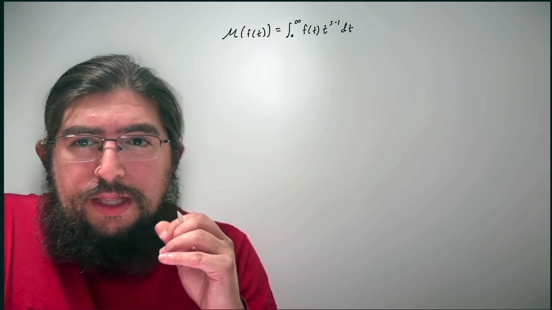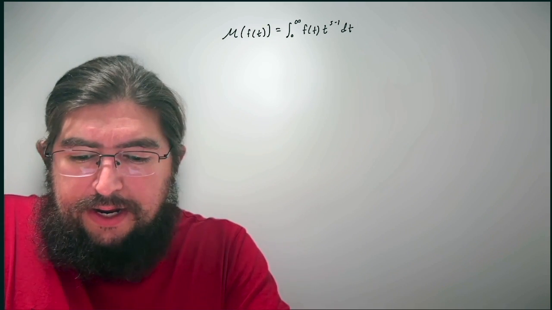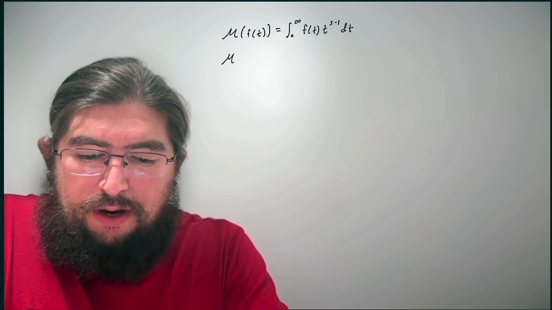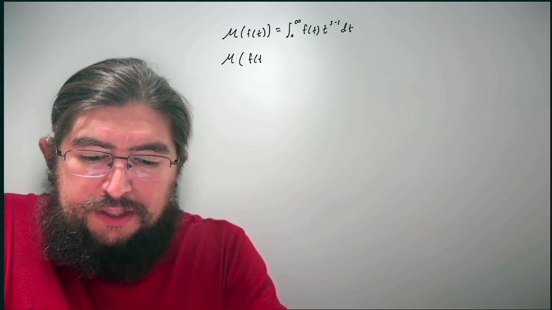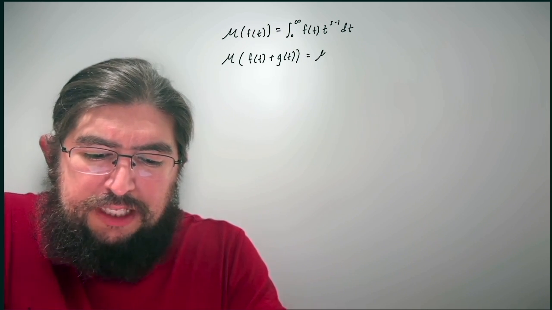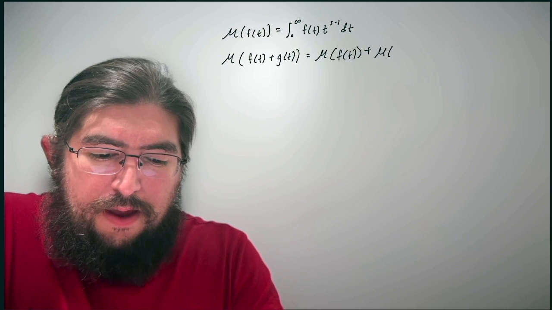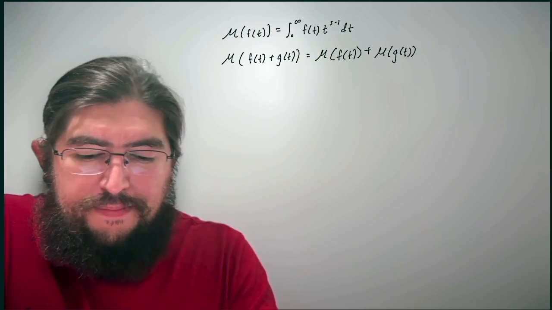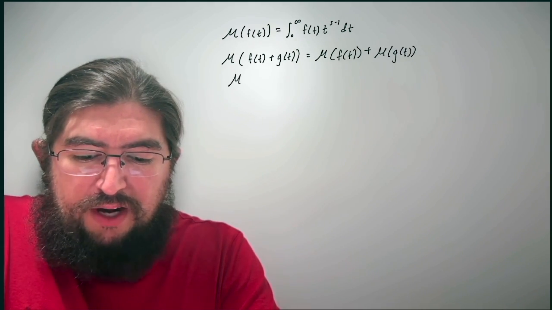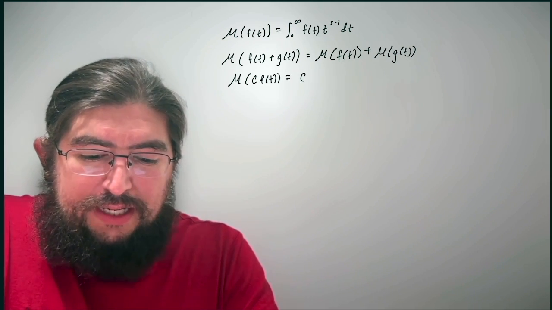Now, the first property that I want to mention is the property of linearity. If you take the Mellin transform of a function of t plus another function of t, you can split this up as a Mellin transform of each one added together individually like this. Similarly, if you have the Mellin transform of a constant times a function, you can pull that constant out.